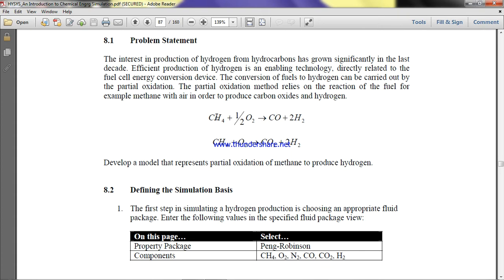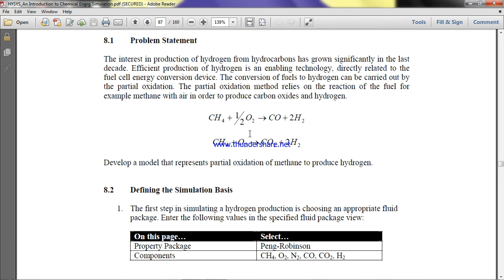So we'll need methane gas, we'll need oxygen, but since for this process we'll not be using pure oxygen, which would be expensive, we will be using air. So air would have a mixture of oxygen and nitrogen, so we'll need methane, nitrogen, oxygen. The air we'll get will contain nitrogen.